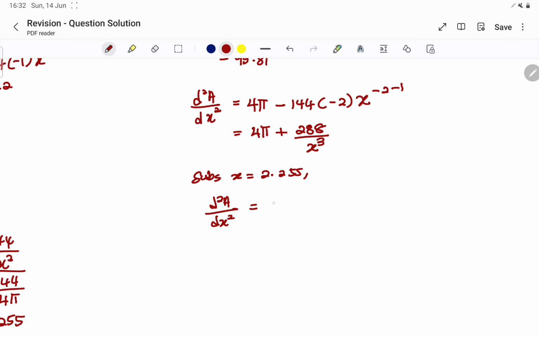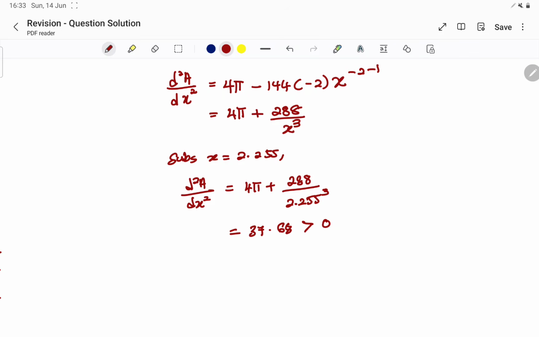You substitute into 4 pi plus 288 divided by 2.255 cubed, and you get the answer 37.68, which is greater than 0. Since the value of the second derivative after we substitute x equal to 2.255 is greater than 0, it shows that the area that we got is minimum.